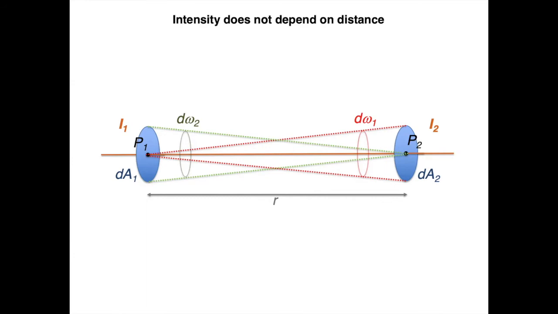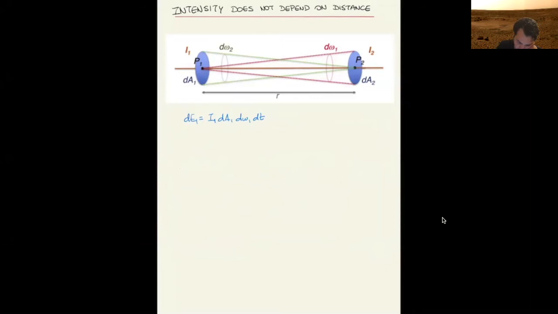the energy is equal to the intensity at the point 1 times the area dA1 times the solid angle d omega 1 times the infinitesimal interval of time that the event takes place. So dE is equal to I dA d omega dt. Now, what is the intensity I2 that is measured at P2?